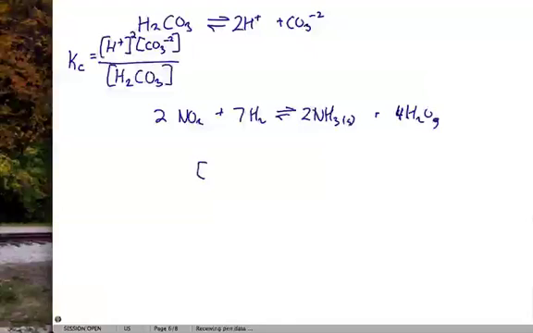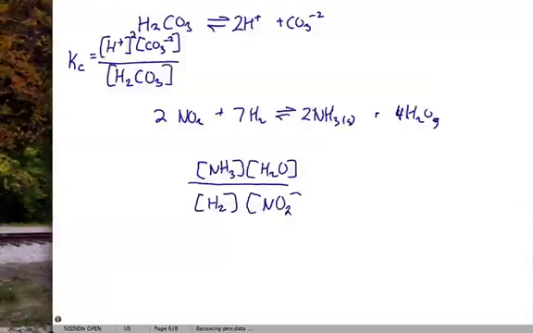This would be NH3 squared times H2O to the fourth, divided by NO2 squared times H2 raised to the 7th power. That would all equal Kc. If we knew those concentrations, we could plug them in and go.